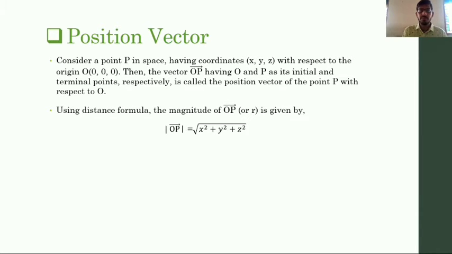Then the vector OP, where O and P are the initial and terminal points respectively, is called the position vector of the point P with respect to O. Using the distance formula, the magnitude of vector OP, or r, is given by magnitude OP equals under root x square plus y square plus z square, because we write x minus 0 whole square plus y minus 0 whole square plus z minus 0 whole square, but x minus 0 is x, so we can write x square plus y square plus z square under root.